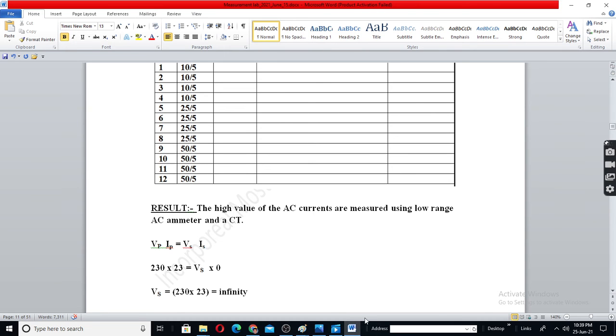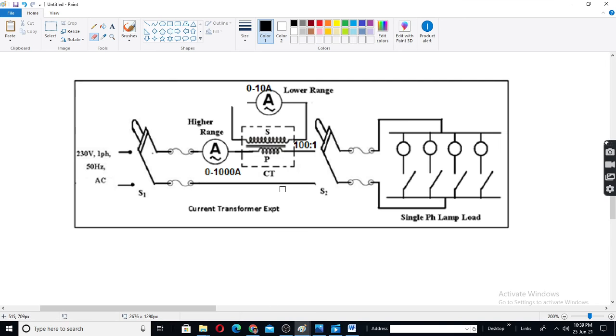So what will happen is, a very high voltage will be induced in the secondary, and it may destroy the insulation of the transformer winding. Hence, the secondary should never be opened while the primary is energized.